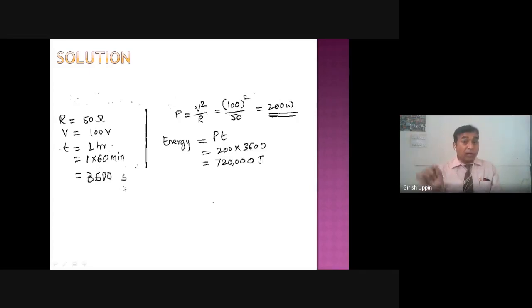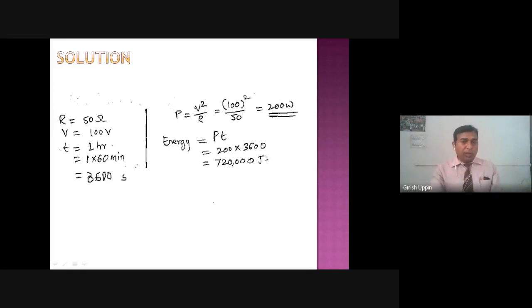Both are correct, but you have to write the proper units. Here they have converted into seconds. That comes as 3600. 200 into 3600, it will come as 720,000 joules. Okay, 720 kilojoules, or you can say this is a watt second.